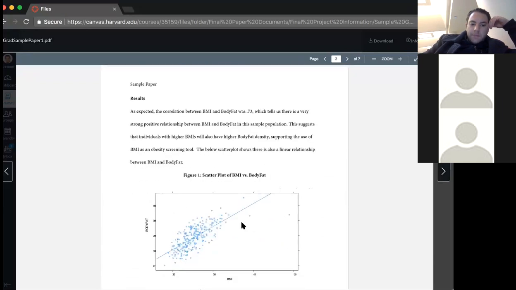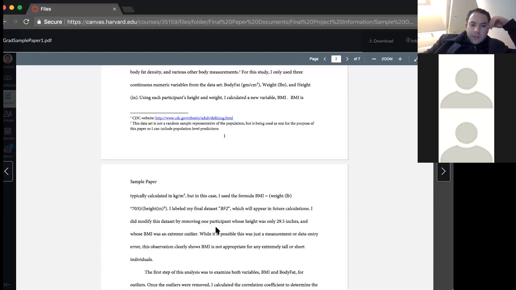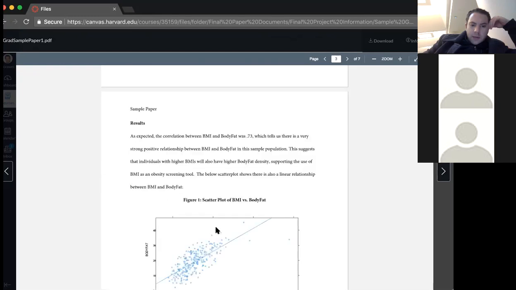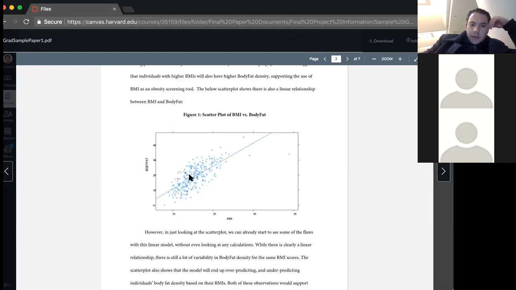If you see here, what this student did was a linear regression. They present the BMI versus the body fat. These are two different variables from the data set, and they made a scatter plot and ran a linear regression model and plotted the line of best fit here.